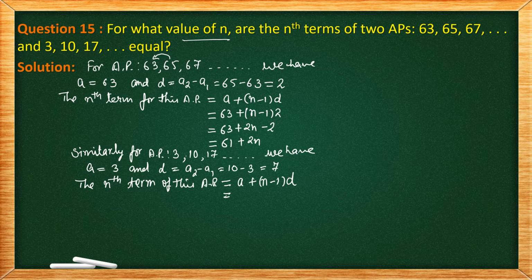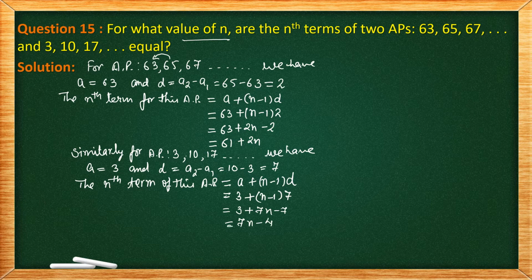Now we will substitute the values of A and D. Now A is 3 plus n minus 1 into D, D is 7 here. Now we will open the brackets. We will get 3 plus 7n minus 7 and this is 7n minus 4.